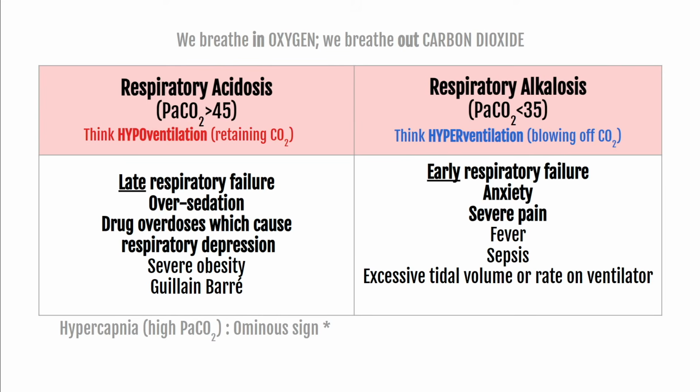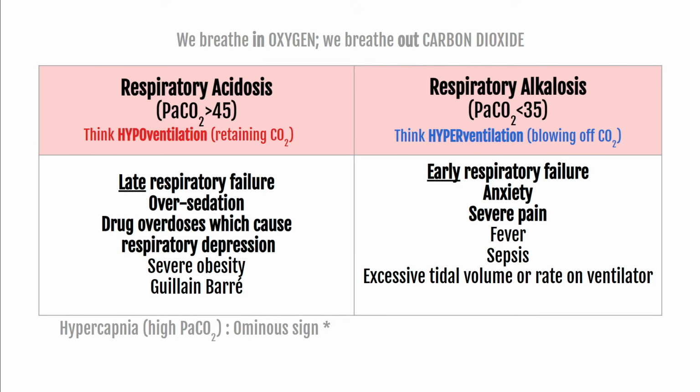You peek in on them a little bit later and they do look comfortable, but they are out. Now, when you're looking at this patient, are they going to be breathing fast or are they going to be breathing slow? They're going to be breathing slow, maybe even too slow, or perhaps, but hopefully not, even apneic.